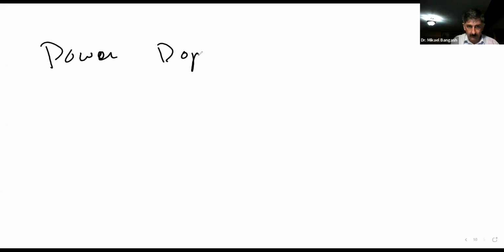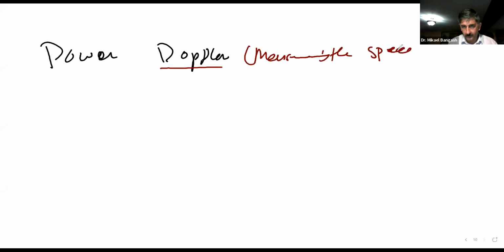Now, if you just break the word down into two things, we can say Doppler mainly refers to measuring, and I'm going to use the word speed of blood. The reason I use the word speed here is because in power Doppler there's no direction. Did that make sense?